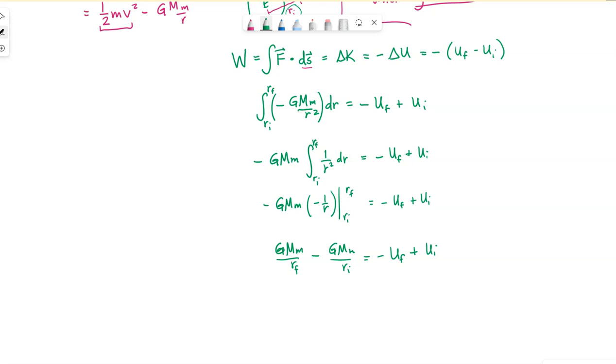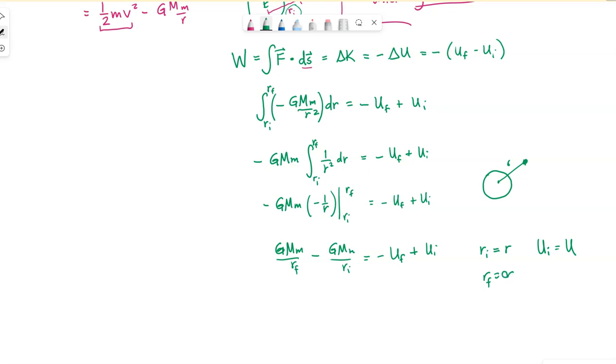To determine the energy at any given point, we need to be able to plug in an r value and a potential energy value. So let's say my initial r value is some radial distance from the center of the Earth. The U initial will just represent whatever potential energy our satellite, this object, has when it's at that location.